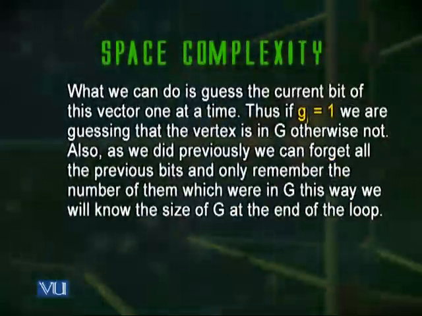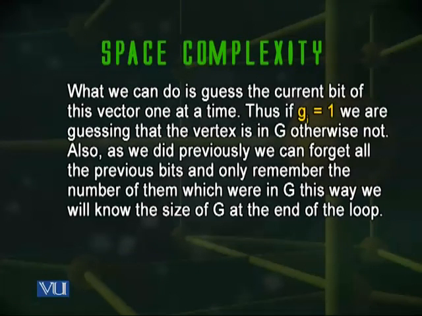The way we guess it is by guessing each individual bit for each vertex. If the bit turns out to be 1, then that vertex is in the set, otherwise it's not. What we can do is guess the current bit of this vector one at a time. Thus, if Gi is equal to 1, we are guessing that vertex to be inside our set.